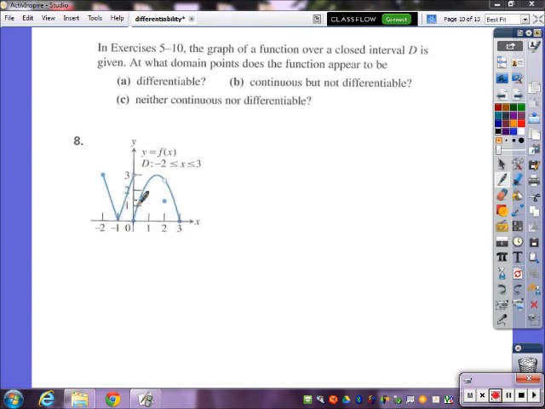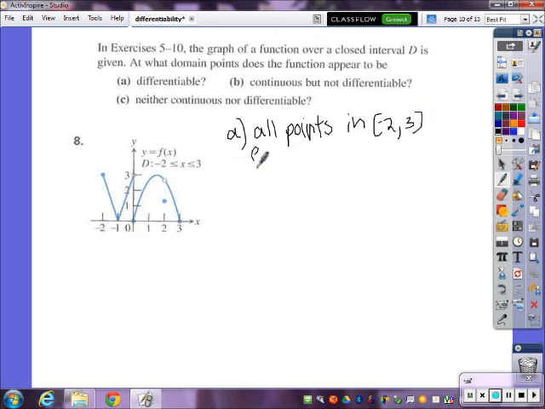I have a discontinuity at x equals 0 and a discontinuity at x equals 2. So I can break this up into intervals, or I could say that it's differentiable at all points in the interval -2 to 3, except those x values we just said. So x equals -1, 0, and 2.